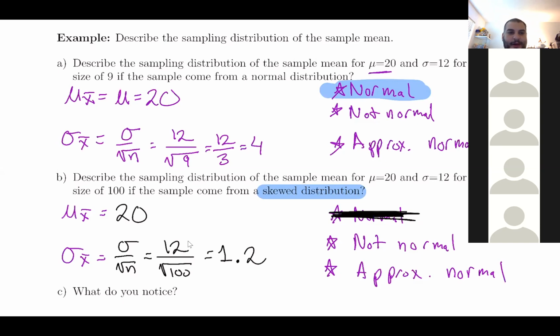All right. So up next, we're going to decide if it should be not normal or if it should be approximately normal. And this is where you want to apply the central limit theorem. So the central limit theorem says n has to be greater than or equal to 30.